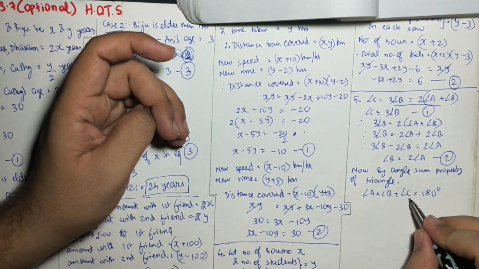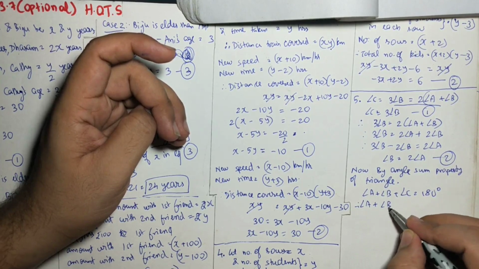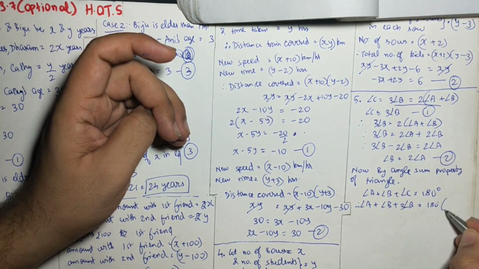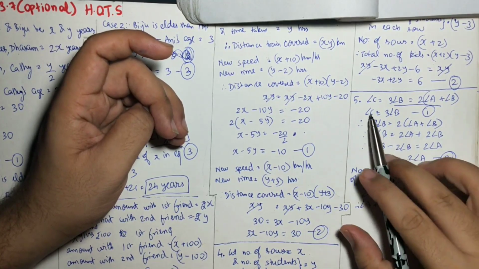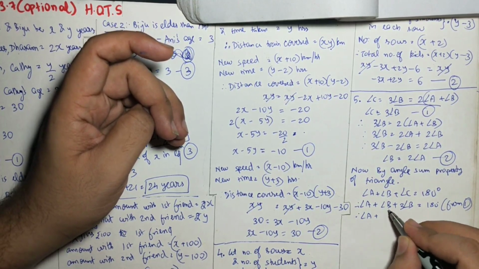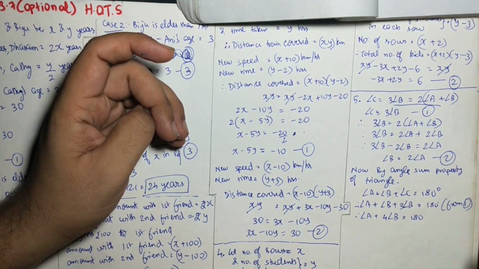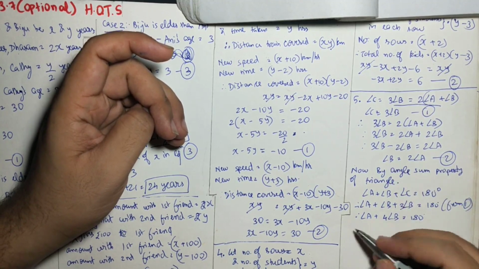Now I am substituting the value of C in terms of B. So angle A plus angle B plus 3 angle B equals 180. This I got from the equation number 1, where angle C is equal to 3 times angle B. So this will become angle A plus 4 times angle B equals 180. Still there are two variables. I can substitute the value of B as 2 times angle A.